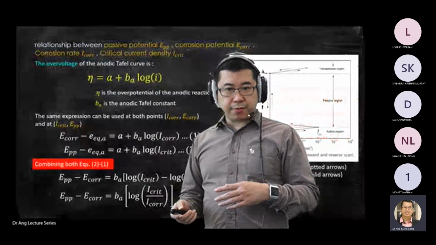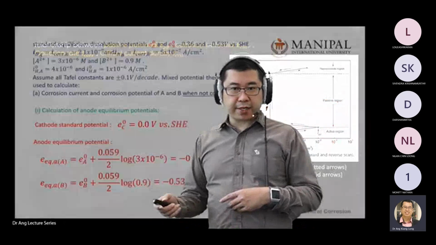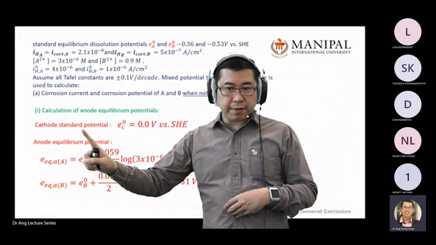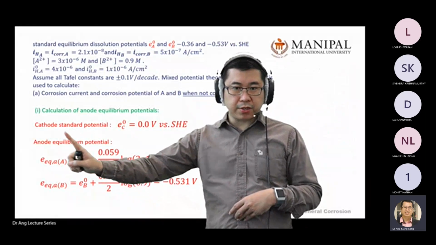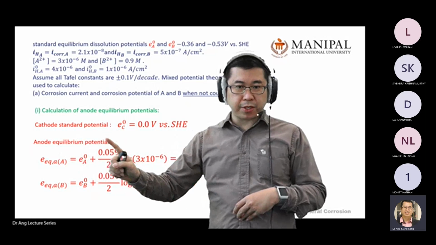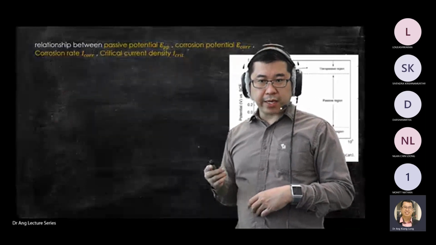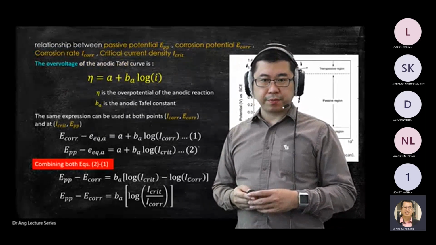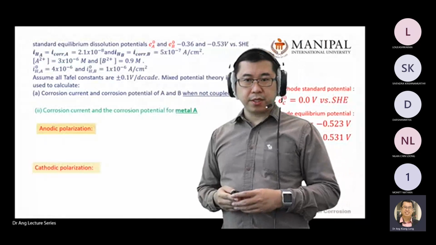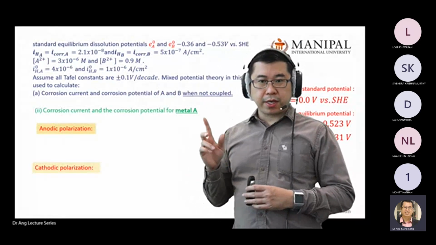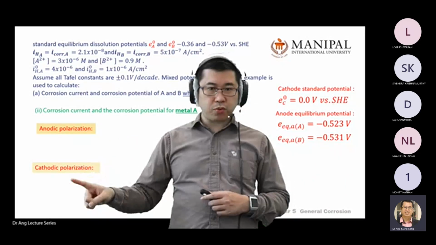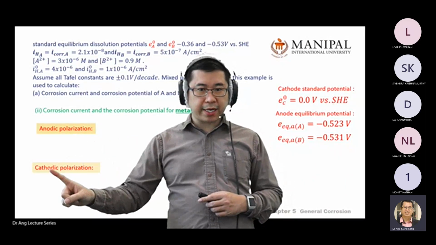Just now, before the break, we looked at finding the cathodic standard potential and the anodic equivalent potential. Now we look at polarization. So for metal A, we have two: anodic polarization and cathodic polarization.